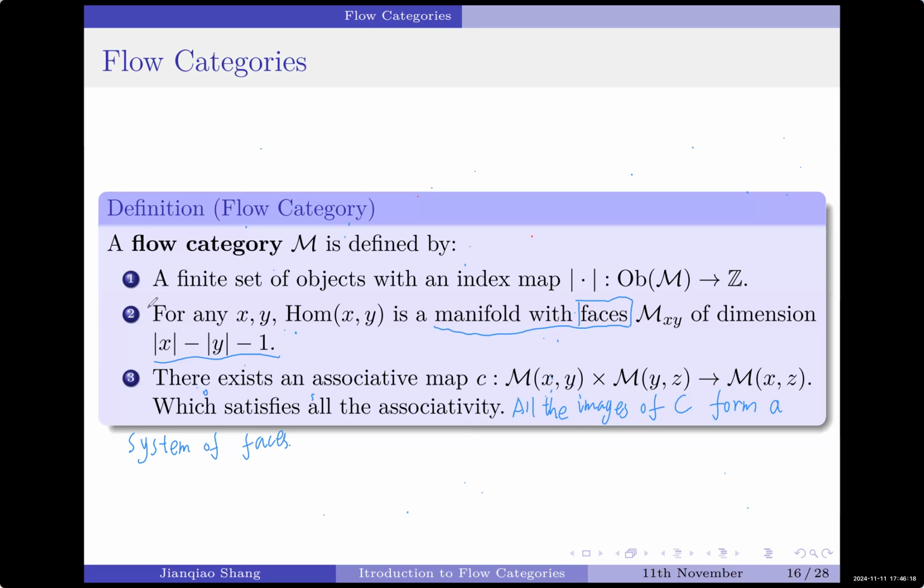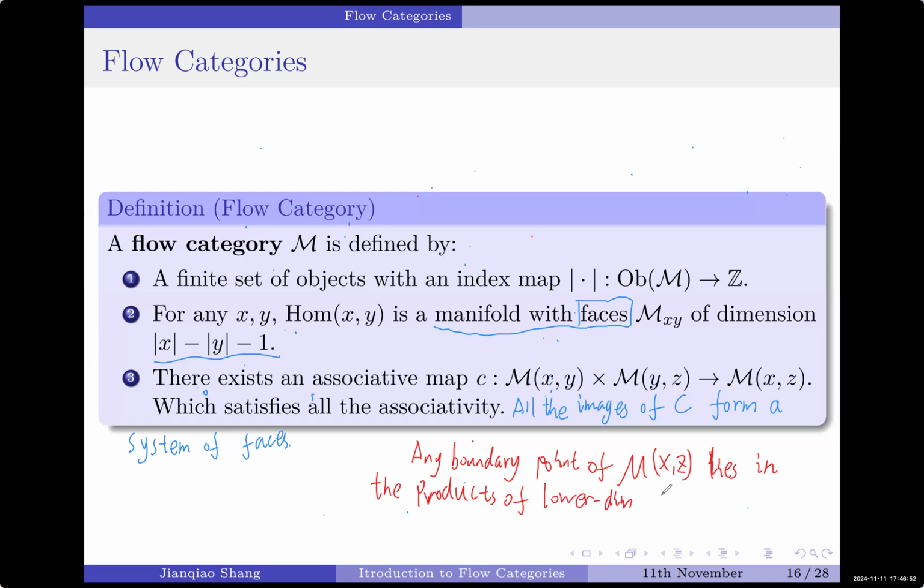If I want to translate this into the language of Morse theory, it says that any boundary point of MXZ lies in the products of lower dimension manifolds realized as moduli spaces.